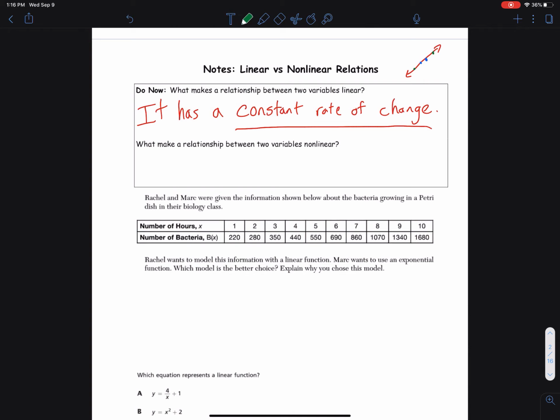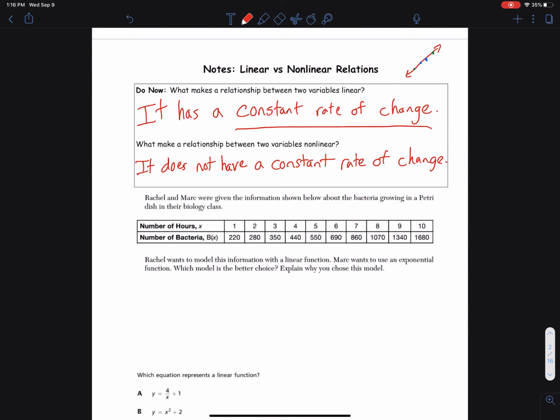But if it's nonlinear, it's not going to have a constant rate of change.